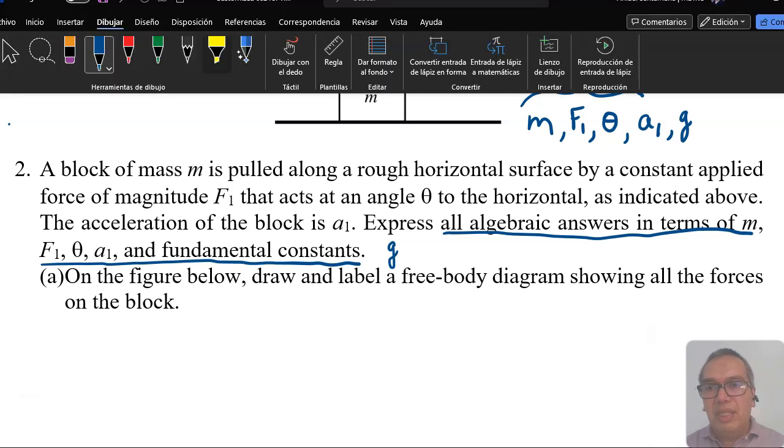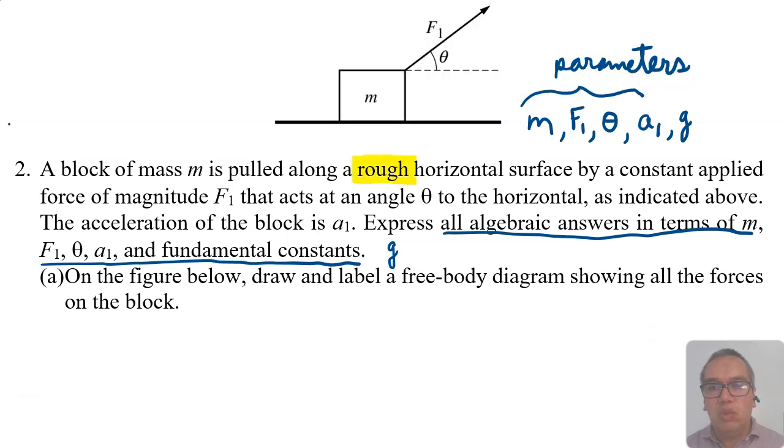Always, in these problems, you never have extra words. These words are very important. For example, they tell you that this block is being pulled along a rough horizontal surface by a constant applied force. All of those things are going to be important, okay?